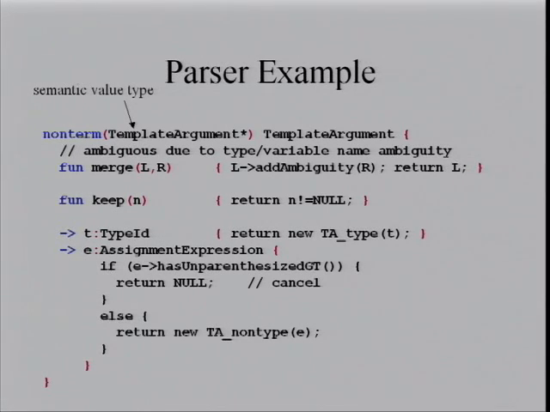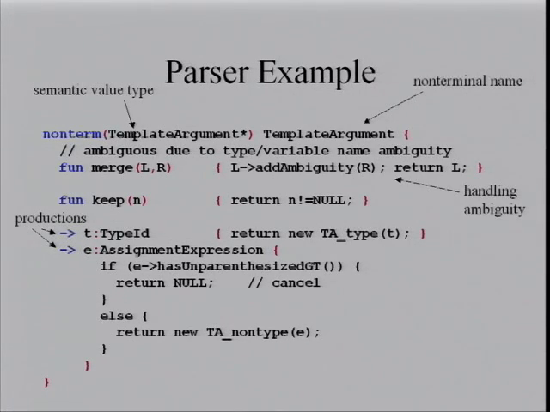So we're just declaring the type of the semantic value yielded by these actions. It has productions, so a template argument can either be the name of a type or it can be an expression. Because that is ambiguous, sometimes this merge function will be called. And what this is doing is it's building an explicit representation of the ambiguity.